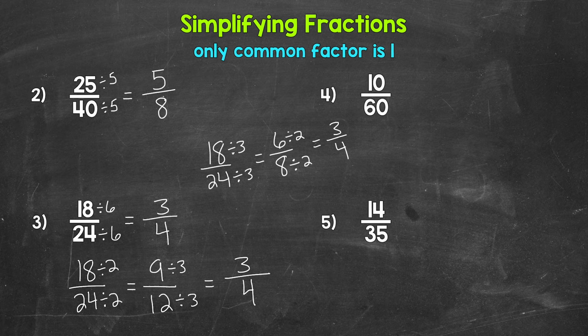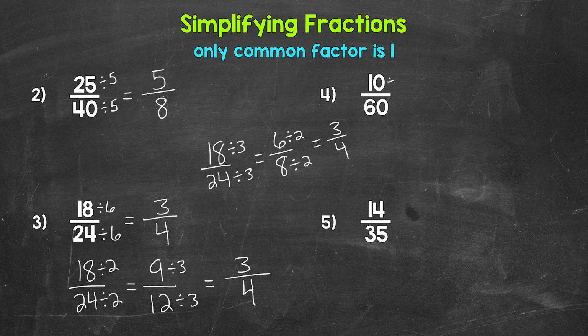Moving on to number 4, we have 10/60ths. So do we have any common factors that we can divide our numerator and denominator by other than 1? Yes, we do have some common factors here. They're both even, so 2 is a common factor. 5 is also a common factor, but our greatest common factor here is 10.